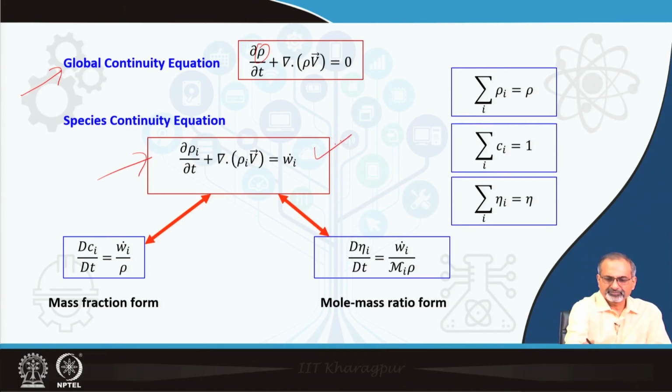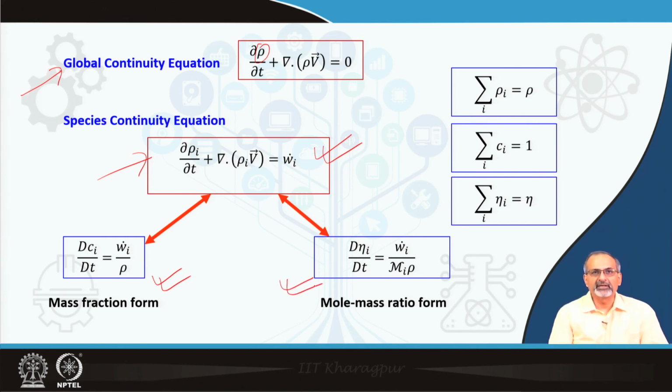We saw different forms of it. So, you saw the forms where you can have a substantial derivative applying on a particular mass fraction or mole mass ratio form of the equation, and you will be satisfying these constraints when you solve for the mixture.